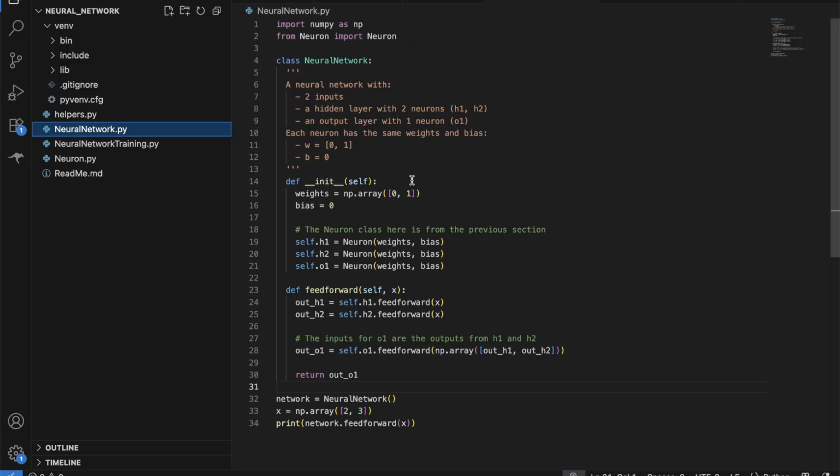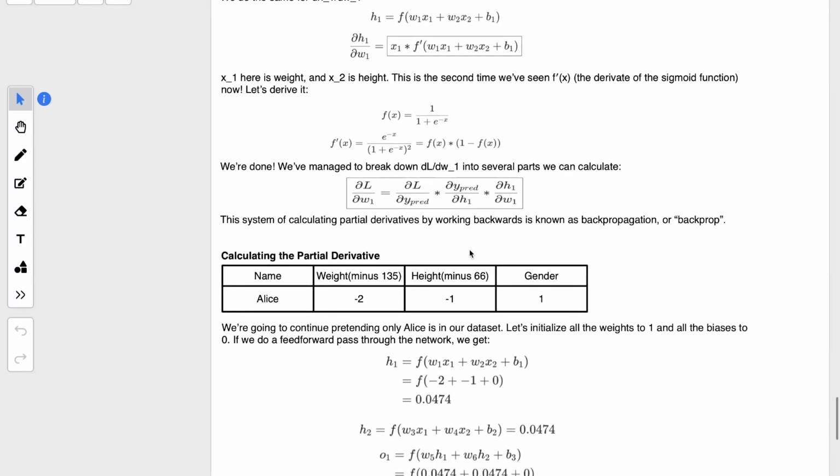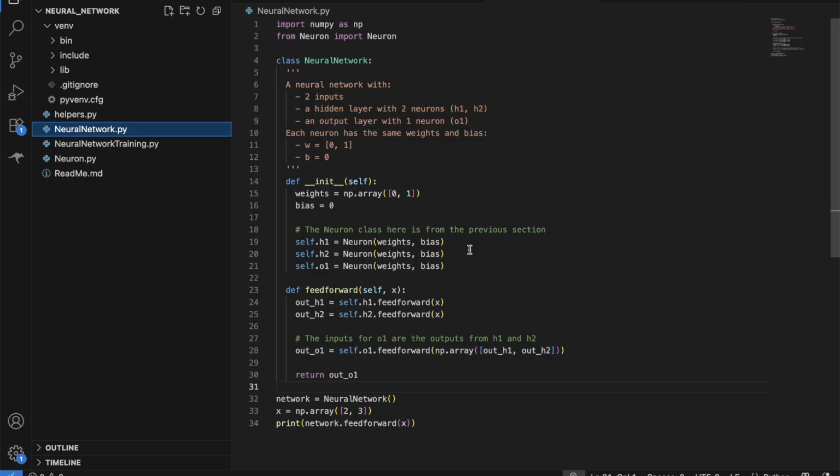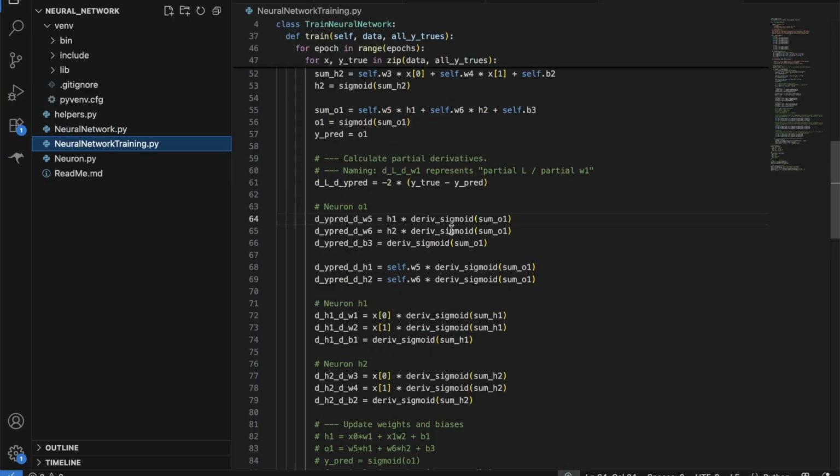So as we know, dL by dw5 will turn out to be h1 into derived sigmoid of sum o1, because our output is directly depending on w5 and w6, so we don't need to go one more step back. So this is simple: h1 into derived sigmoid of sum o1.